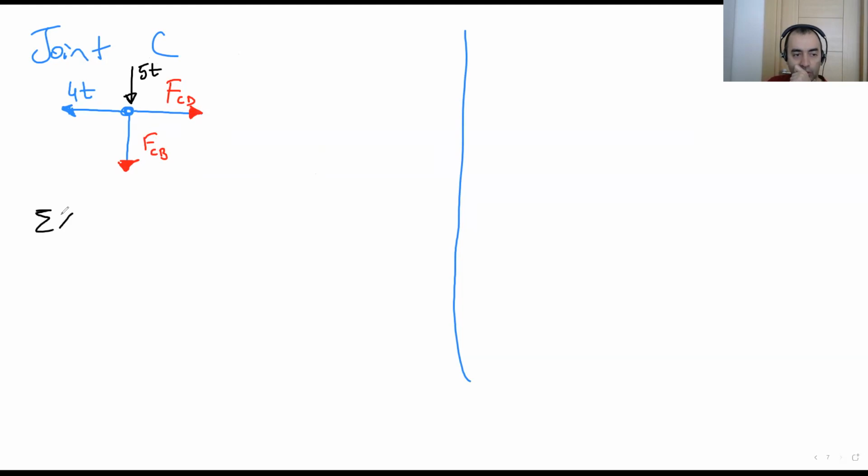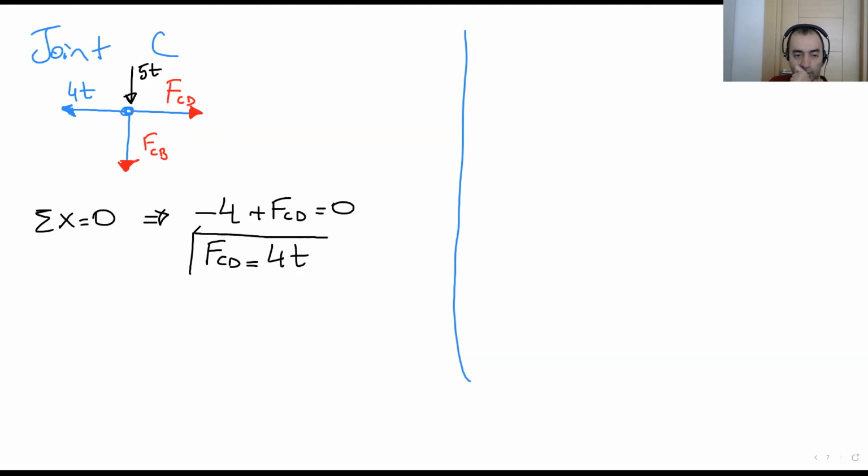In this joint C, let's write the total X equals 0. Here we have minus 4 ton plus FCD equals 0. I'm just writing this equation in X direction. So as you can see, FCD here is 5 ton. So it's also tension.